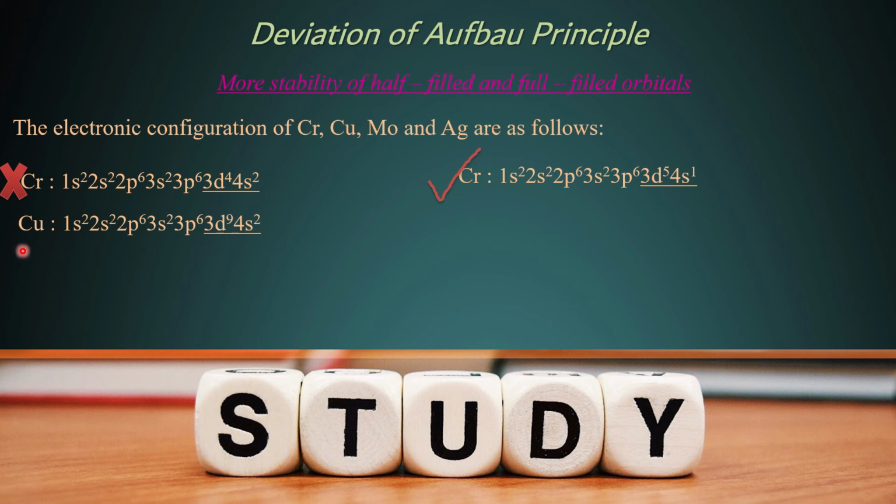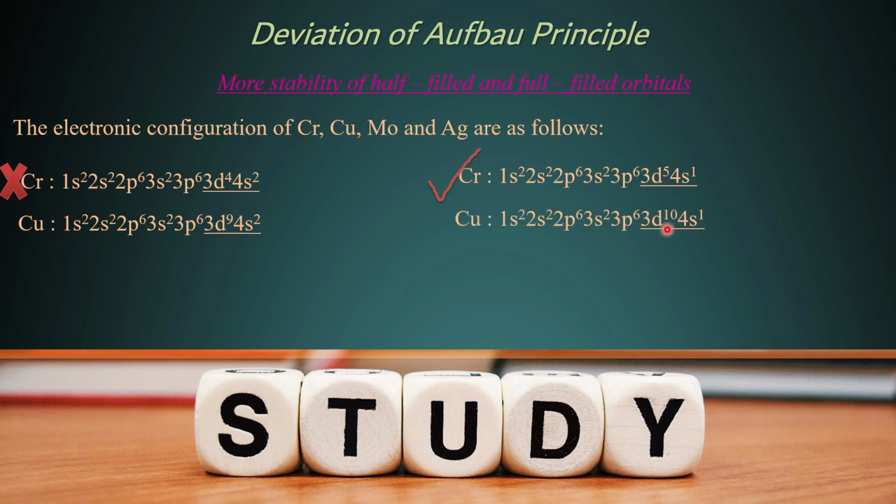In the same way, if we see the electronic configuration of copper, the last 9 electrons go to the 3d orbital. But here also, if the 4s orbital gives 1 electron to 3d, then this 3d orbital will get 10 electrons.